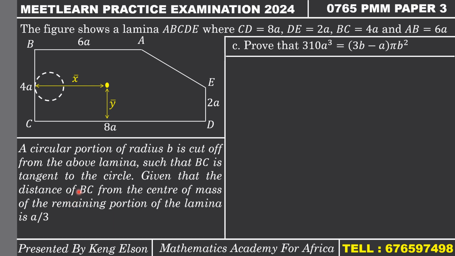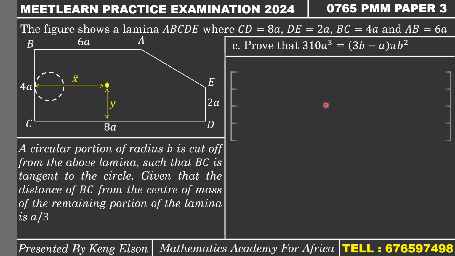Given that the distance of BC from the center of mass of the remaining portion of the lamina is a divided by 3, we have to show that 310a cubed is equal to 3b minus a times pi b squared.